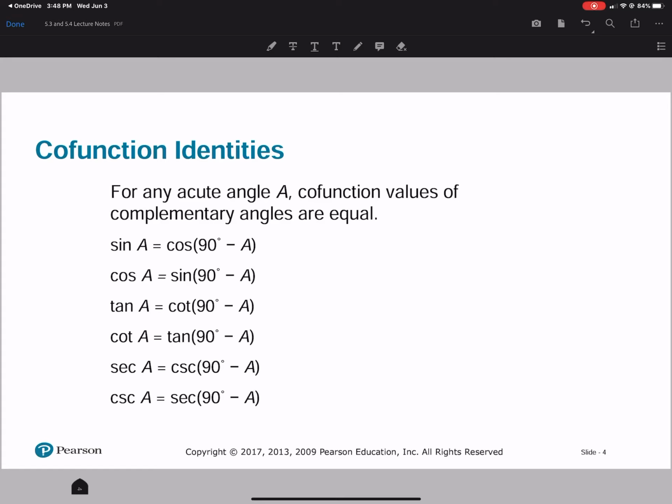Cosecant of 90 minus A. Then cosecant of A is equal to what? Secant of 90 minus A. So just keep that in mind. When we do some of these, just understand that they're complementary angles and they're equal to each other.